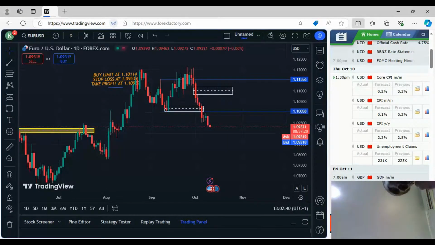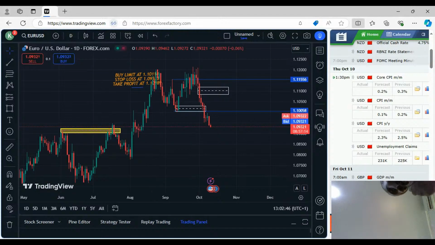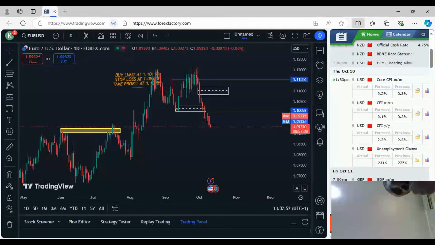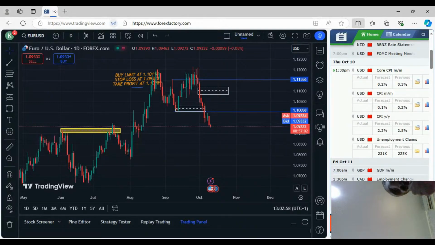I am focusing on the Euro USD, and I'm seeing currently that at 1:30, the news coming out on the economic calendar, if you look at the right side of my charts, you can see we have USD core CPI month/month.